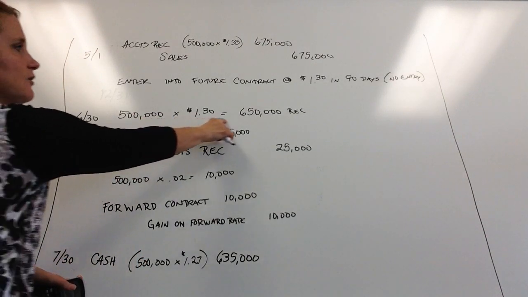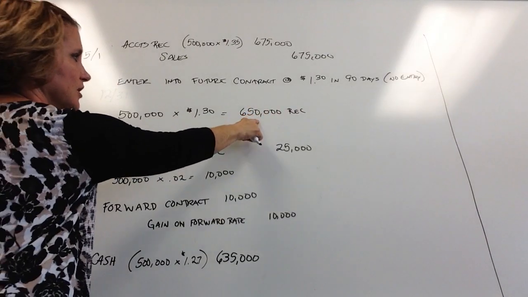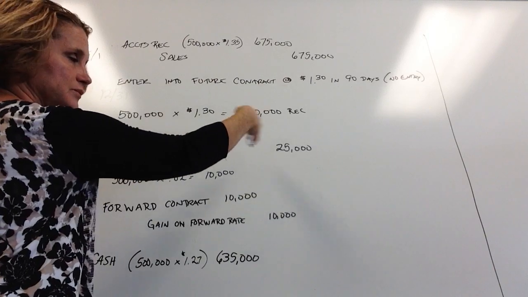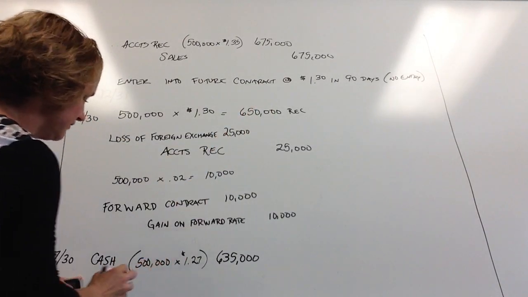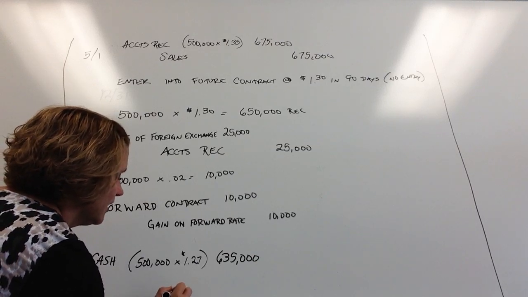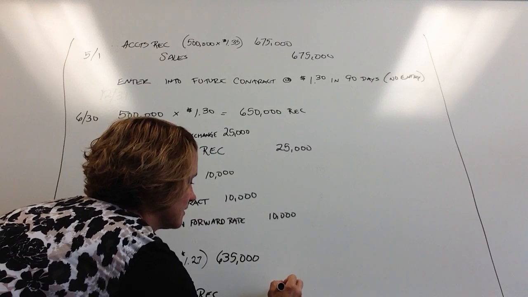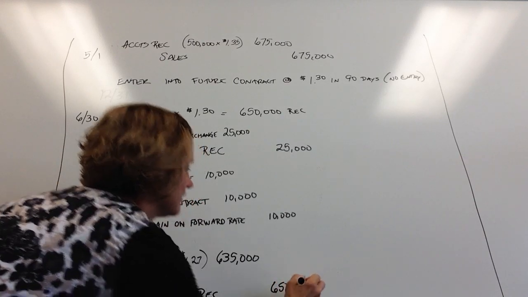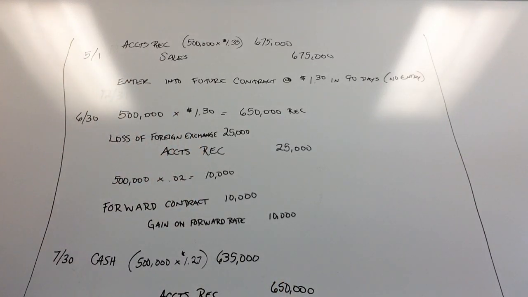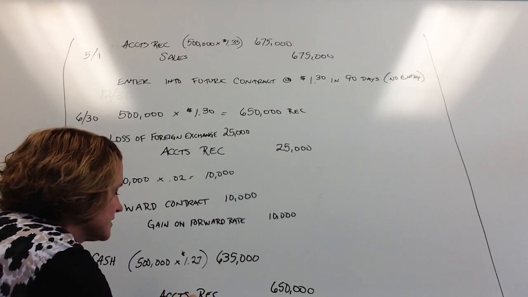Okay, then we have to take our receivable off of the books. Our receivable at the end of our fiscal year, we readjusted it to the 650,000. So I'm going to leave a little space in here. But our accounts receivable, we're going to remove it at the 650,000. And then we have this forward contract to take off of the books, so we're going to credit that.